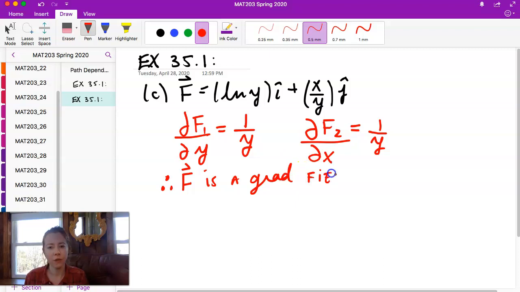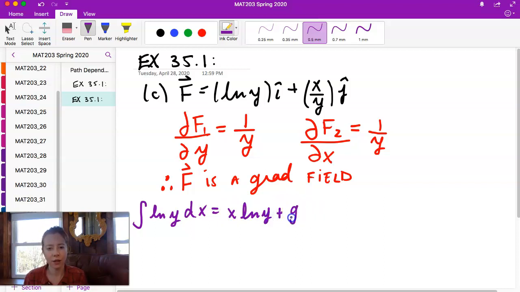So now let's find the potential function once again. We have the integral of f sub 1 dx, so the natural log of y dx gives us x times the natural log of y plus our function g of y.